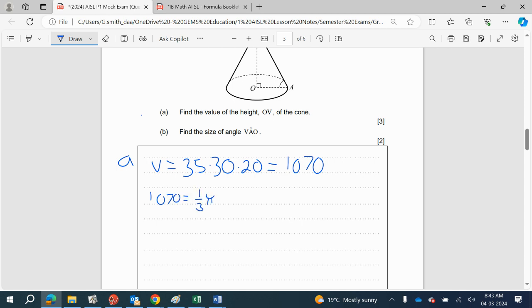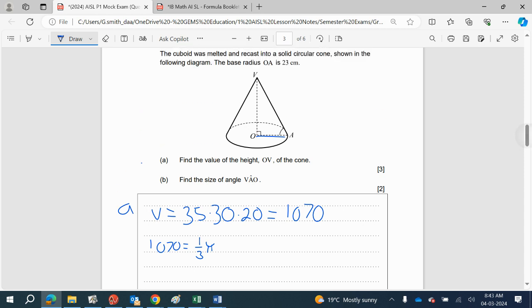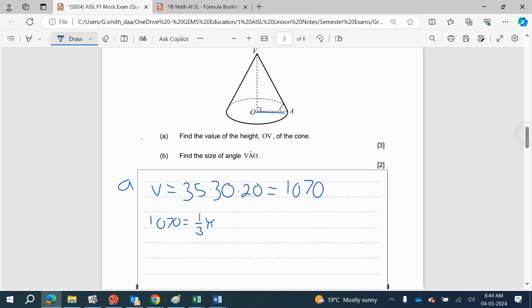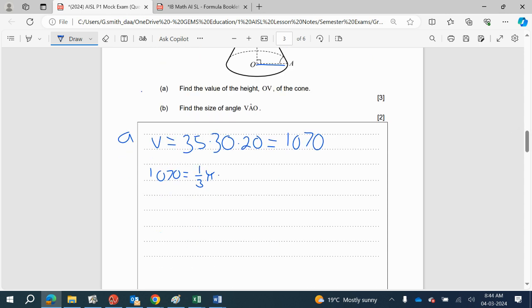Now r is the radius. That's this length here. Do we have any information as to what that is? So the radius is 23, times 23 squared times h.